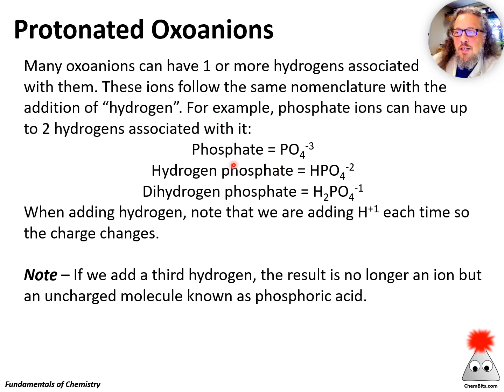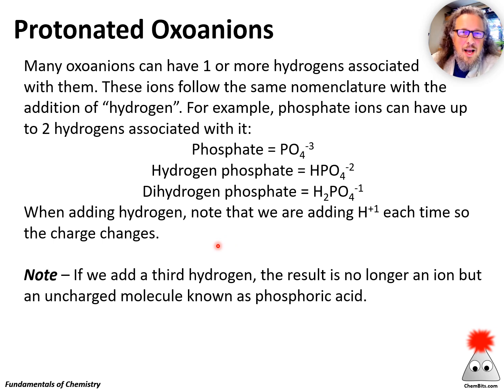So if we start with, for example, phosphate, PO4 minus 3, we can add H plus to that to get hydrogen phosphate, HPO4 minus 2. We can add another H plus to that to get to dihydrogen phosphate, H2PO4 minus 1. So we're adding H plus, which means that the total charge on our oxoanion keeps getting less negative because we're adding positive charge to it.